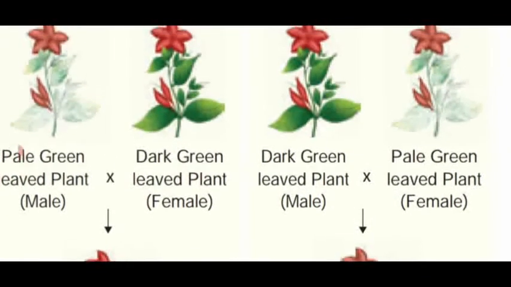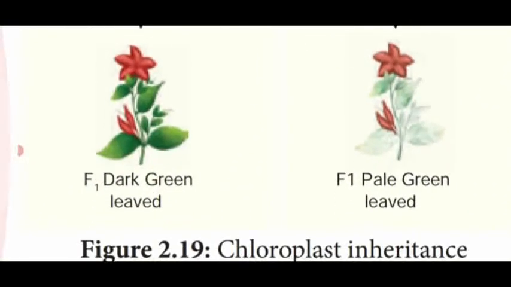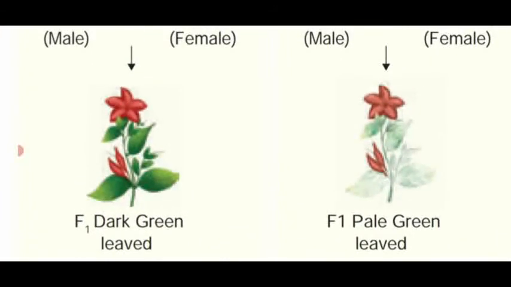The other cross is the reciprocal, that is, reversed. A dark green leaved plant acting as the male is crossed with a pale green leaved plant, the female plant. The F1 generation shows pale green. In a common inheritance, both generations would show all dark green.